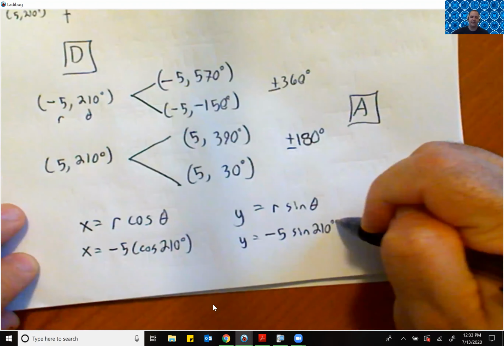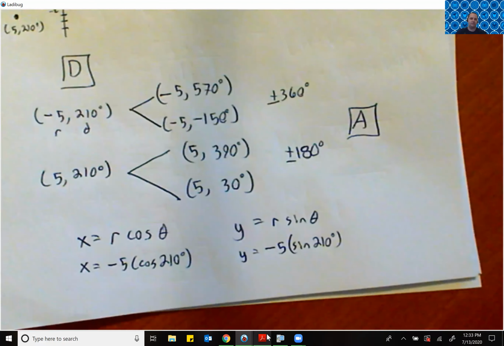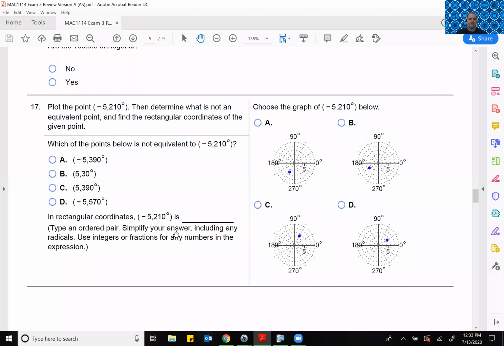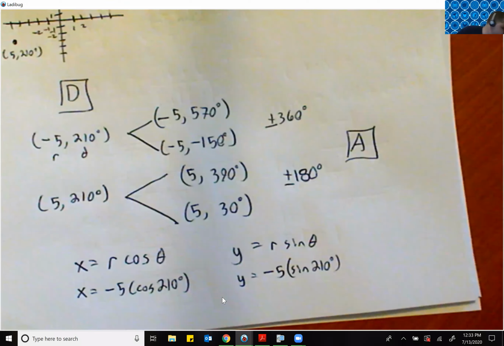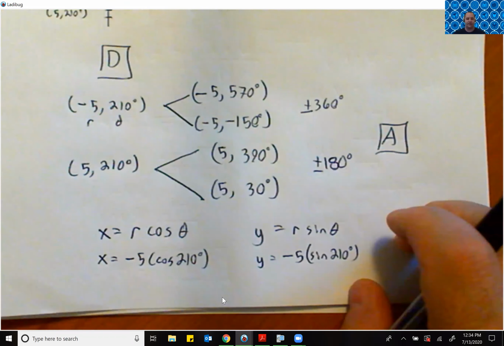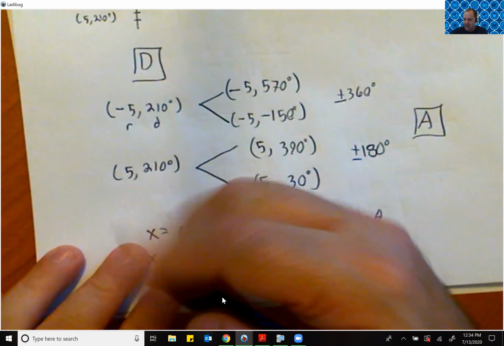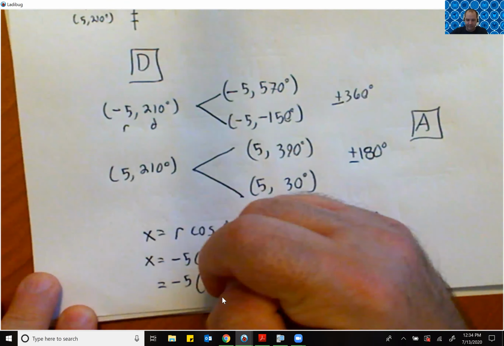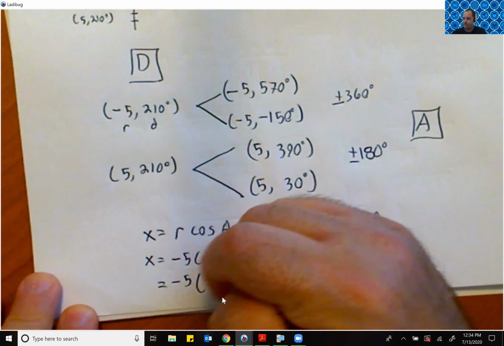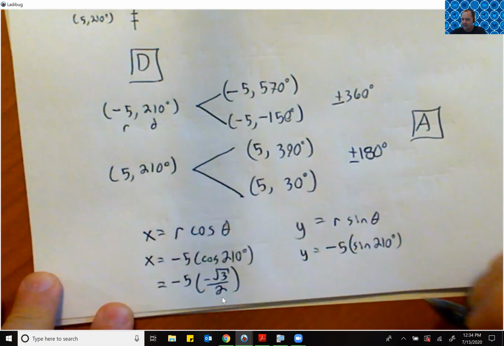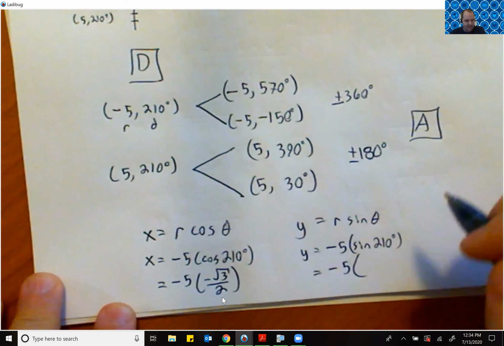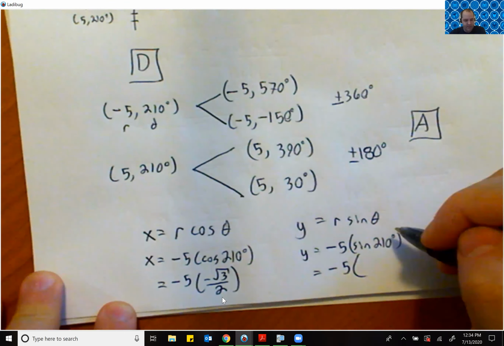And I believe they're going to want these to be accurate answers, so include any radicals. That means you need to make sure that you know what 210 degrees is. Cosine 210 degrees is negative square root of 3 over 2, so this is going to be negative 5 times negative square root of 3 over 2. And over here, this is going to be negative 5 times sine 210, which is negative 1/2.